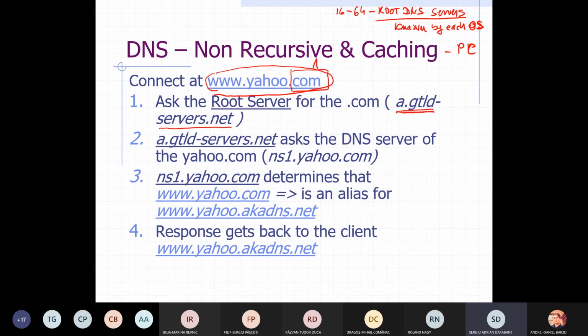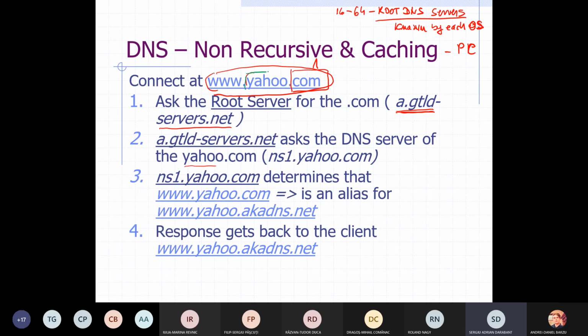This was a real example, so this is one of the servers that handles .com. Then my resolver goes and asks agtld.servers.net about the DNS server of yahoo.com. It goes on the second component.